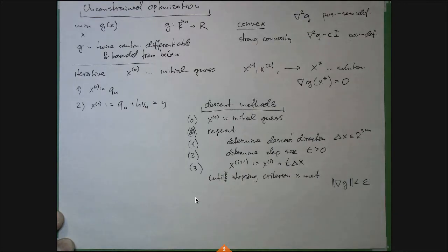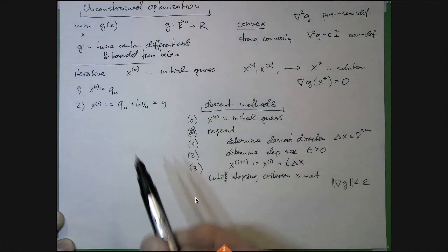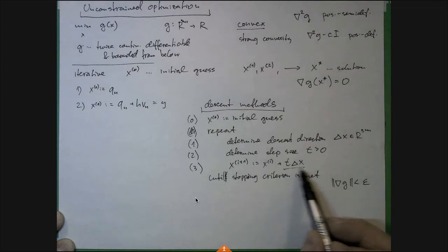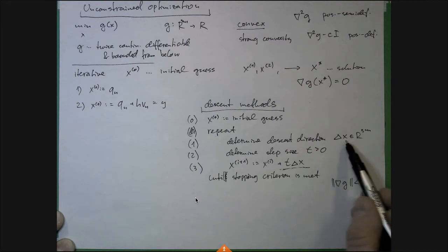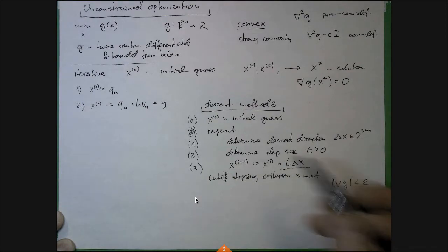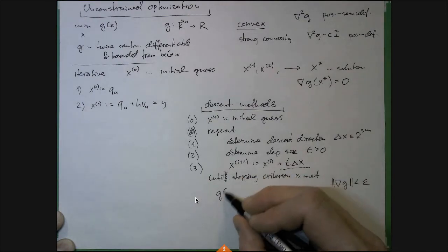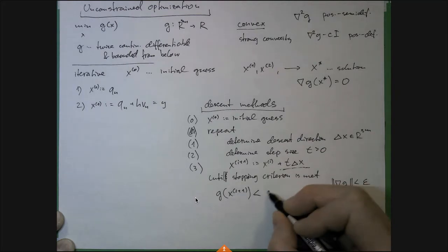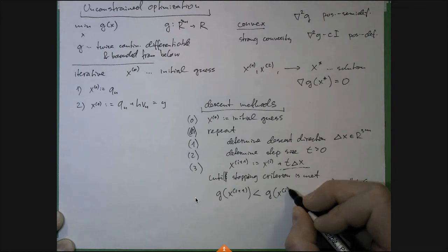So picking the descent direction essentially means reducing it to a one-dimensional minimization problem. We have some n-dimensional, 2-dimensional, whatever-dimensional problem. Once we pick the descent direction, we say that we are going to be updating only by t delta x. So the magnitude of this doesn't matter so much, because we can multiply by whatever t, such that hopefully the next iterate, if I compute the objective, g of x_{i+1}, will be less than what we started with, g of x_i, right?